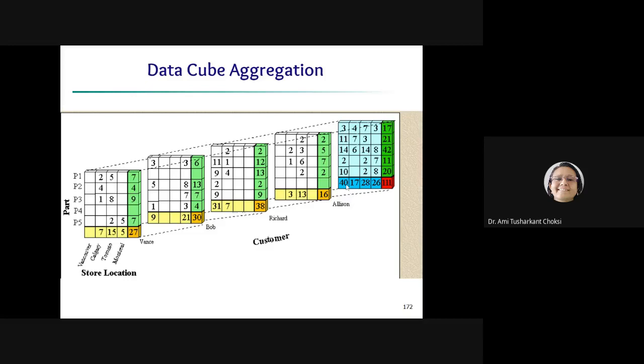Let us say 10 plus 2 is 12, then 14, that is 26. Then this 11, that is 37, plus 3 is 40, right? So horizontally also we are doing the summation and vertically also we are doing the summation.